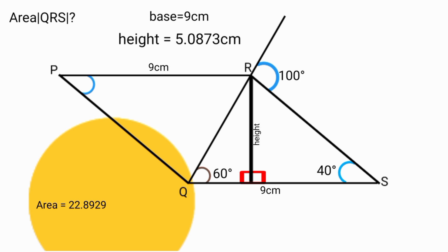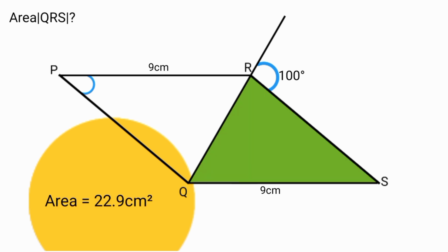We can round it off to 22.9. So the area is 22.9 centimeters squared. So we found the area of triangle QRS to be approximately 22.9 centimeters squared.